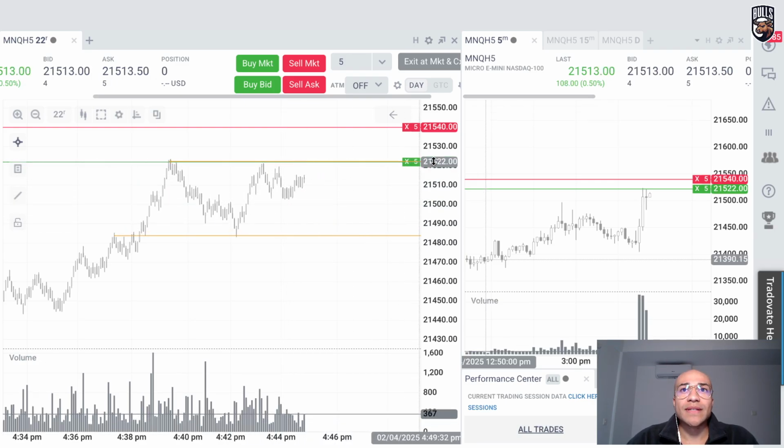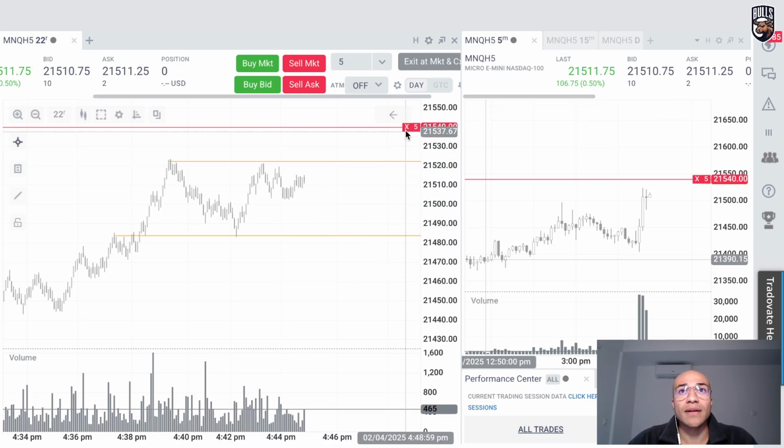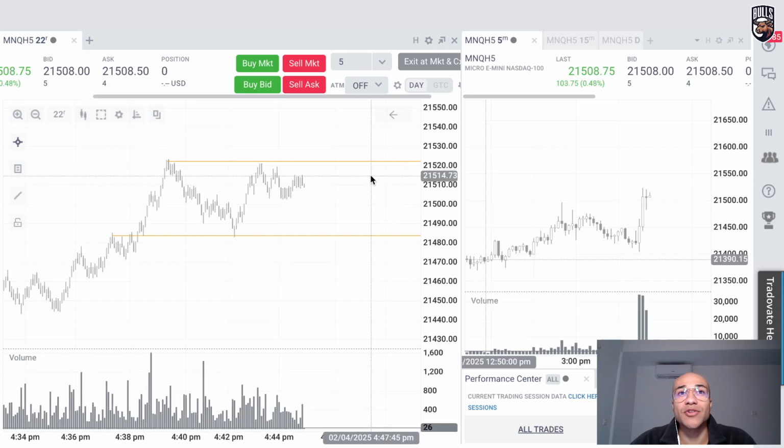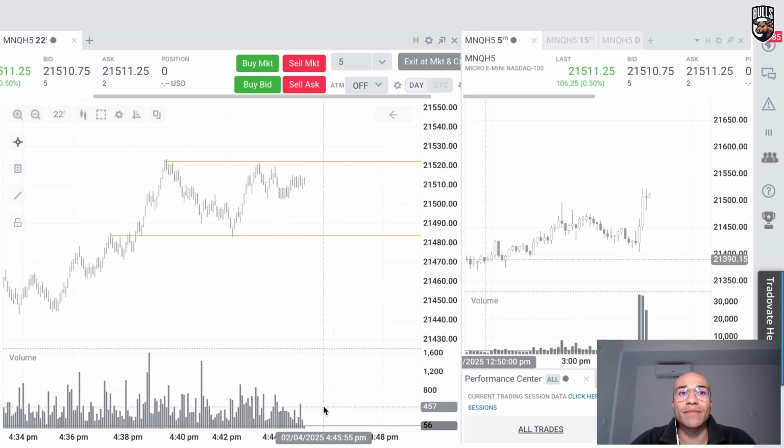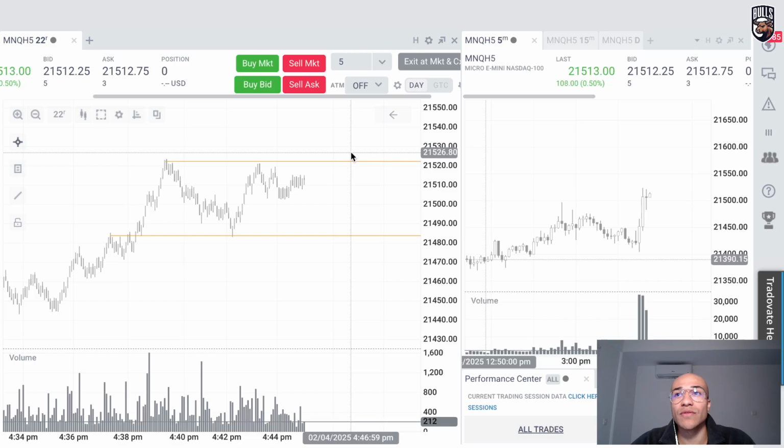So I don't like what I'm seeing here, so I'm actually moving my entry, basically closing it. I didn't really like it. I mean, we're slowly grinding up, volume is decreasing, not really interested in this move, at least at the moment.